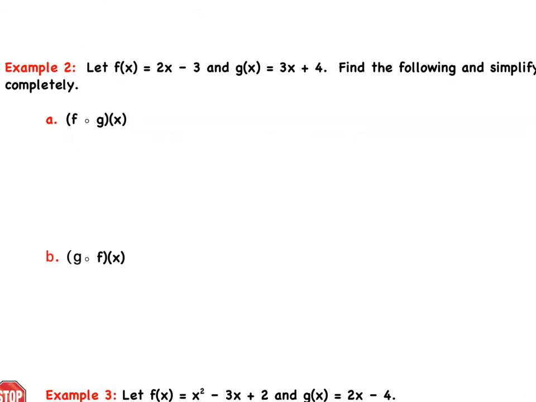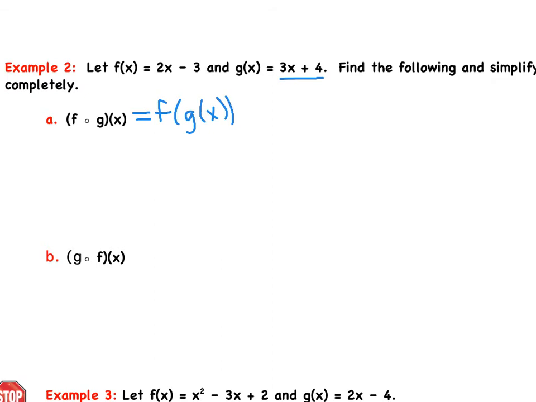Take a look at example 2. We have f of x equals 2x minus 3. G of x equals 3x plus 4. We're finding the following, looking at letter A. We have f of g of x, which also can be written as the following. Whichever notation you prefer, either is acceptable. If the one on the right is more helpful to you, you can certainly use that. So here I'm going to substitute in the equation for g of x in the place of g of x.